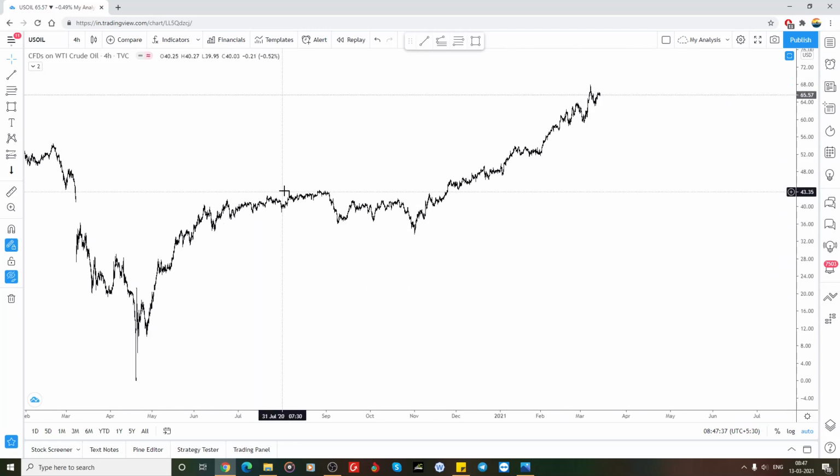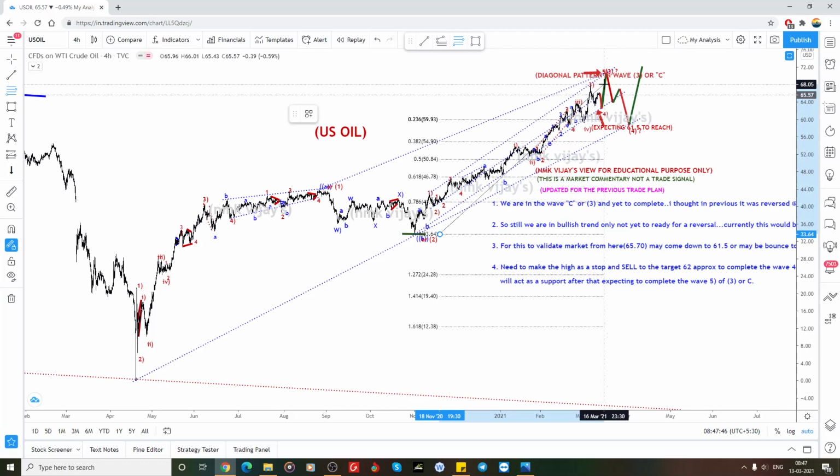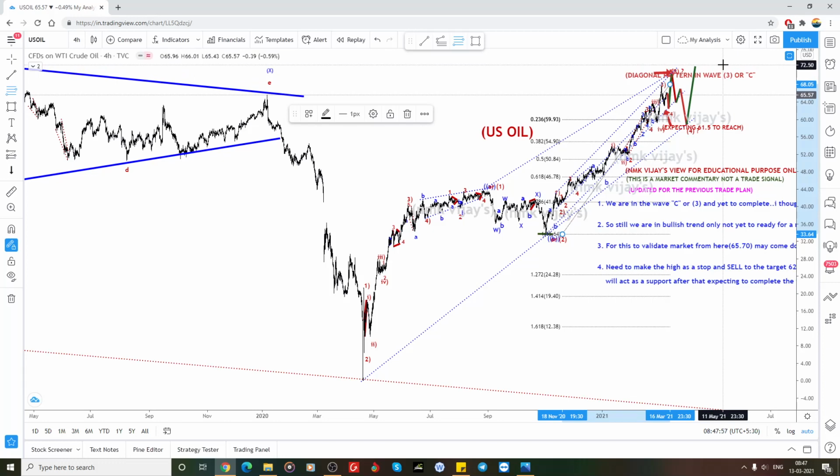Or if it is an impulsive wave 1, 2, and we are in the third, means fourth wave, what we can expect here is at least 23.6 or 38.2. So in that category, if it is the end of the bigger fourth wave, then one more fifth wave to that 75 is also possible.